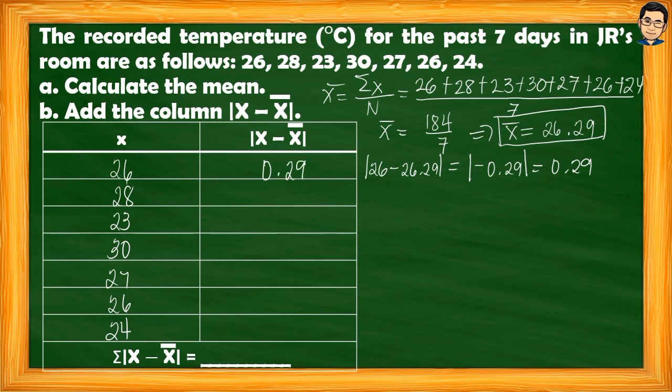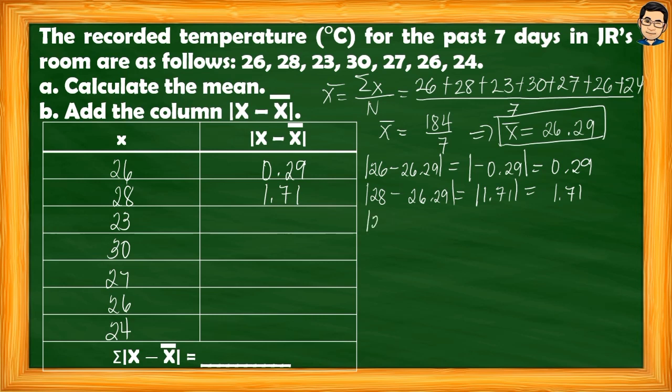Next, 28 minus 26.29. So, ang makukuha nating difference is 1.71. So, dahil positive siya, wala namang mangyayari. Positive pa rin siya. So, 1.71.